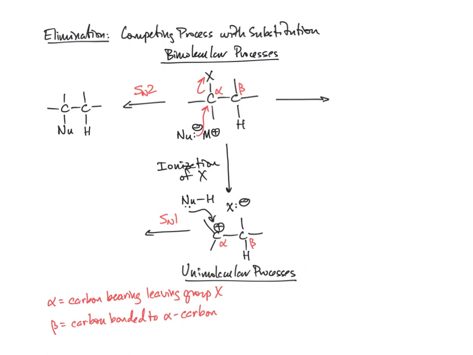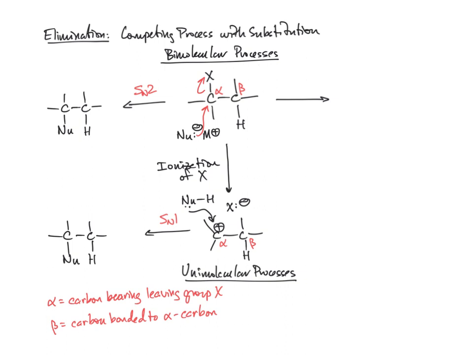So what we end up with now is a substitution where you would lose this proton. Again, if this was an alcohol, you would lose that. So you're doing substitution of the leaving group for that nucleophile. Again, the 2 and the 1 refer to the kinetics, either bimolecular or unimolecular.